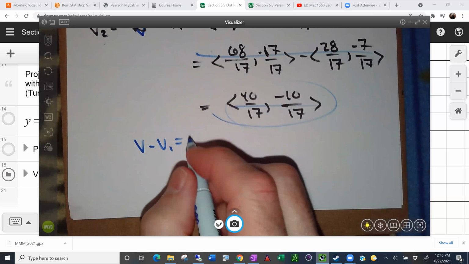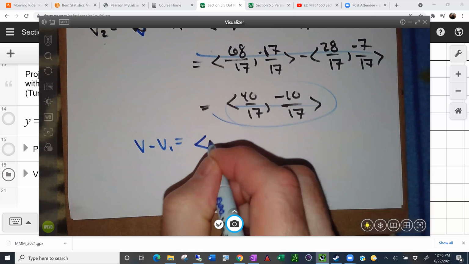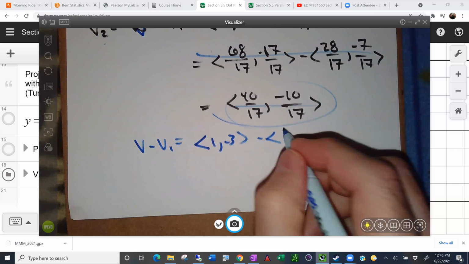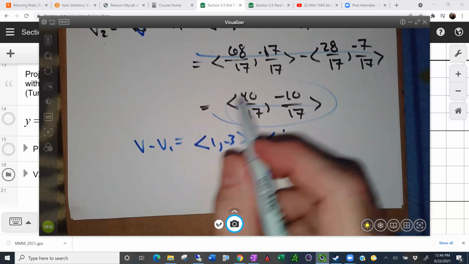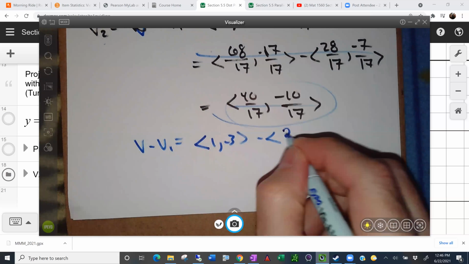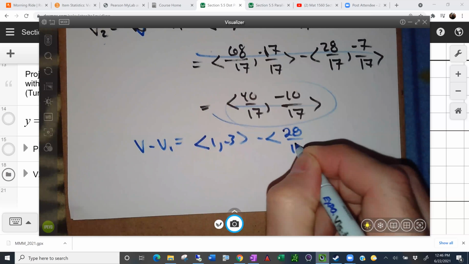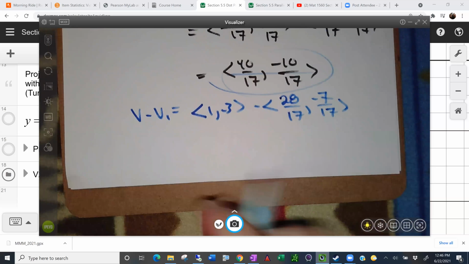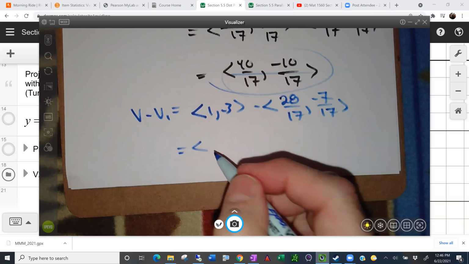So V minus V1: 1, -3, minus V1, which was 28 over 17 and -7 over 17. Same trick as before.